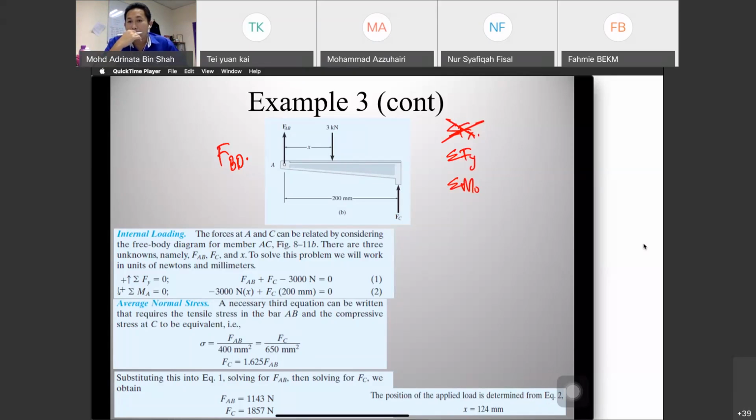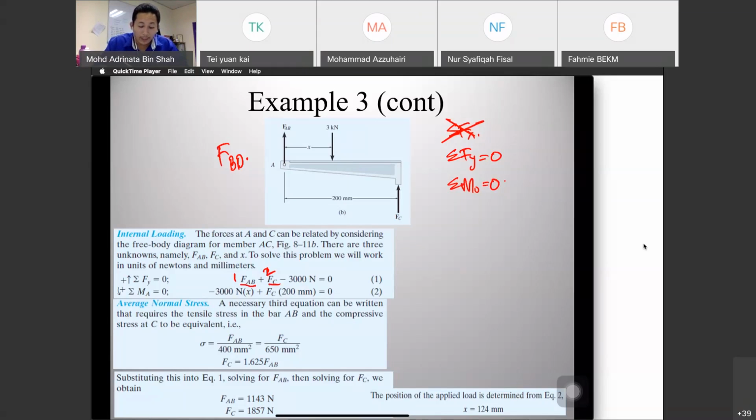Okay, so we need to solve our equation. So buat dua equation, yang ini tak ada. So we have FAB plus FC. Okay, FAB 1, FC 1. Sorry, 2 unknown. FAB is unknown, FC is unknown, negative 3000 Newton, 3 kilonewton, okay?